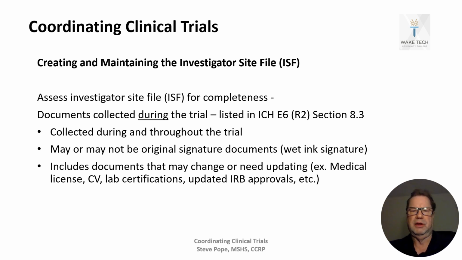And once again, you're going to get an approval letter from the IRB that says we approved it on this date and you're good to go until whatever the expiration date is. That's something monitors are going to want to pick up when they come out to your site. So you've got to be prepared for that.